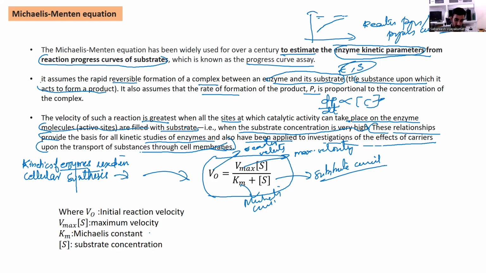So there is also an importance for this Michaelis constant. This is actually a value which is equal to the substrate concentration, which is S dash, at which half of the enzyme active sites, or the sites in which this enzyme comes into action, are saturated with the substrate.